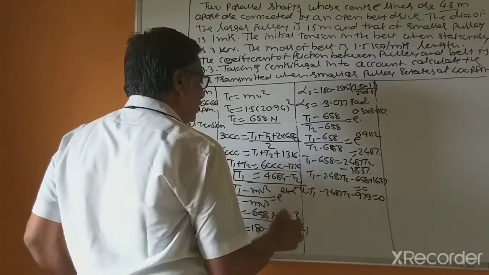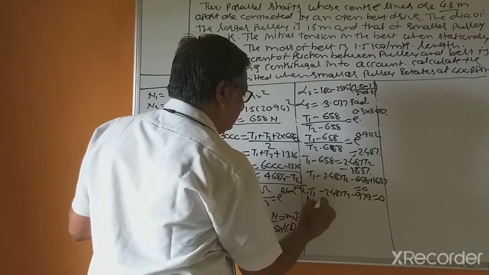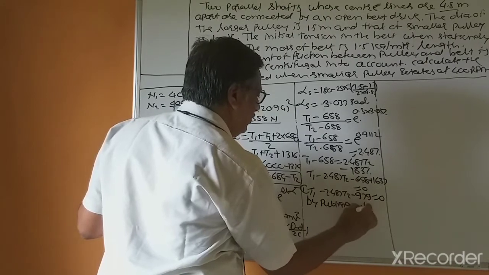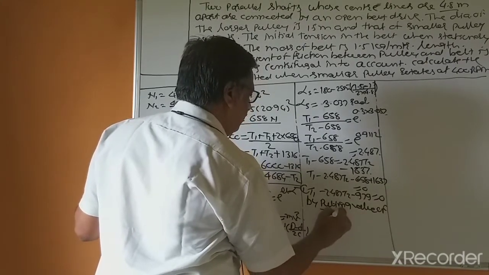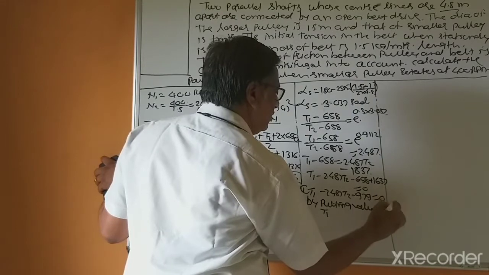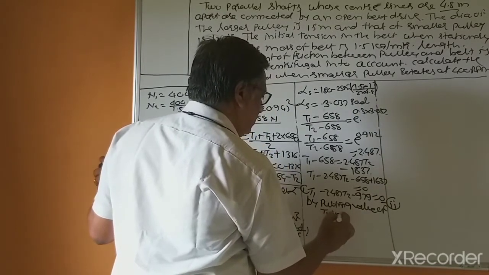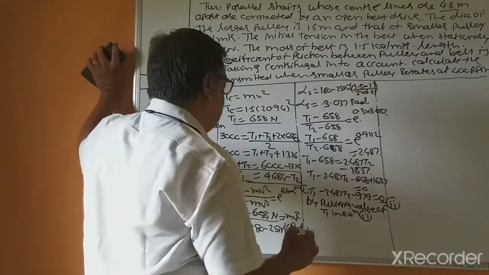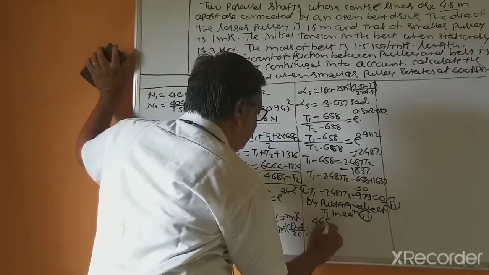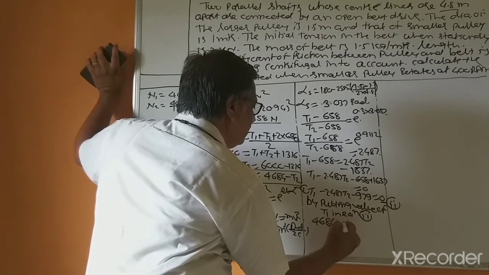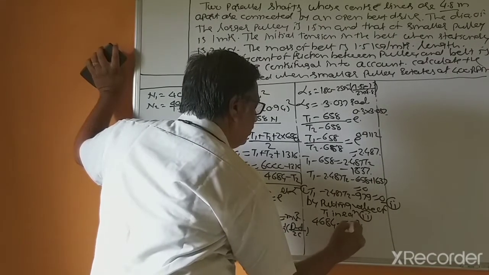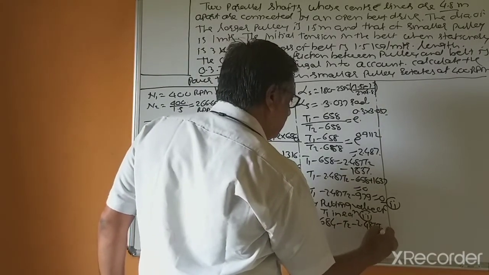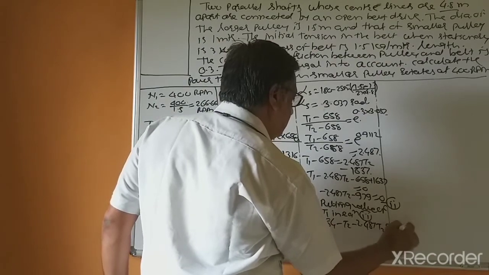Now by putting the value of T1 in the second equation, equation 2. So T1 equal to 4684 minus T2, and minus 2.487 T2 equal to 0.